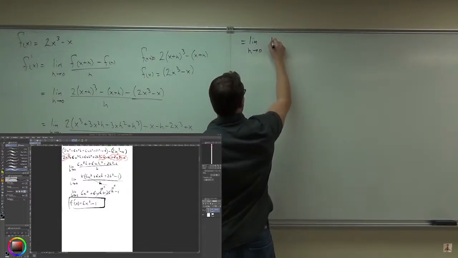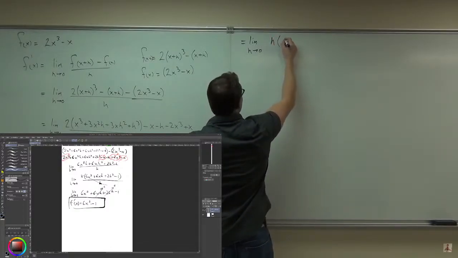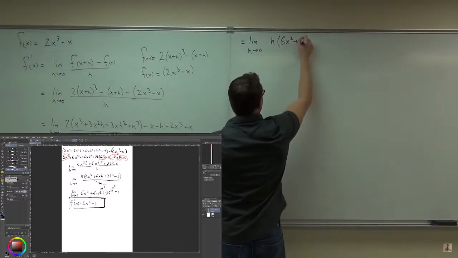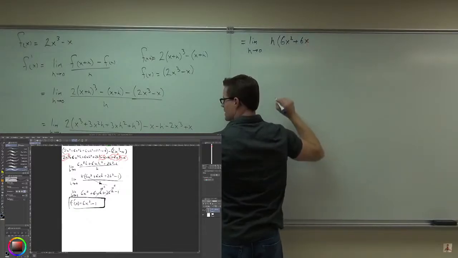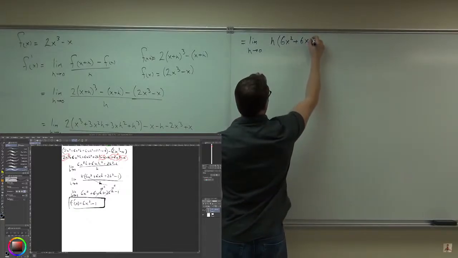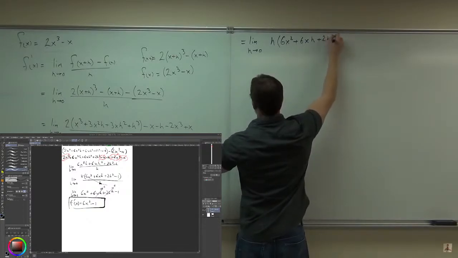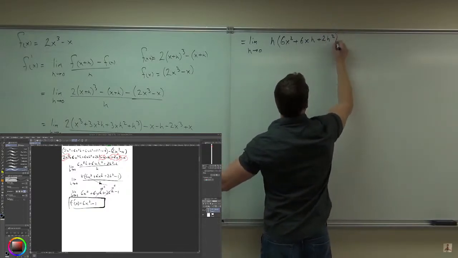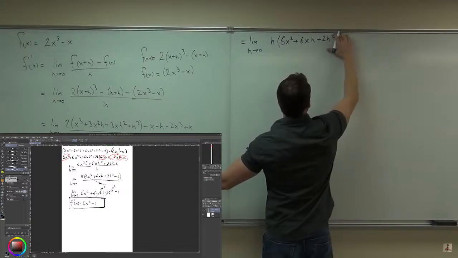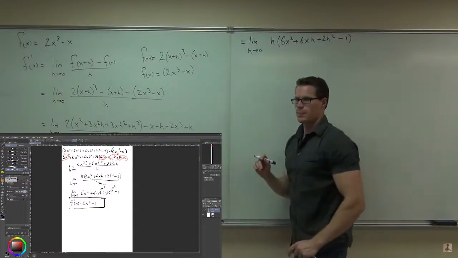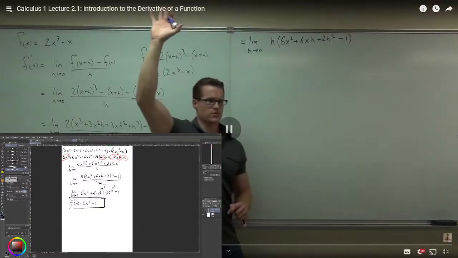So I'm going to factor out the h and get 6x squared plus 6x. Do I still have an h here? Yeah. Okay, good. You need to see that. Plus 2h squared. It's not cubed. Minus 1. Raise your hand if you're all right with that so far.